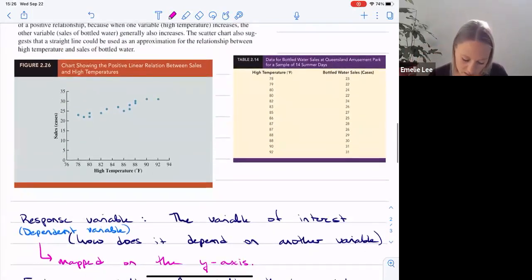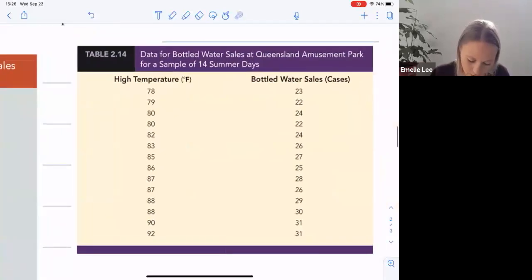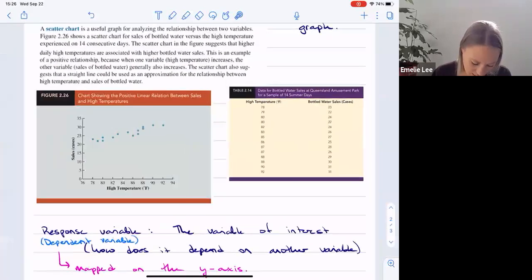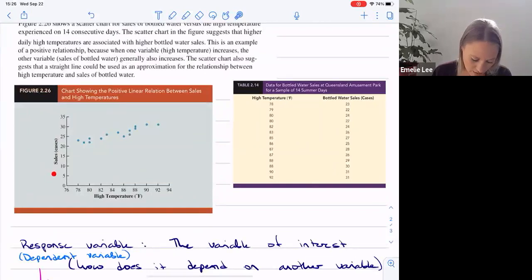So in this case, when we have the temperature and the bottled water sales, if we think about which one would impact the other, it makes sense that the sales would be impacted by the temperature, and not the other way around. It's not always clear cut.